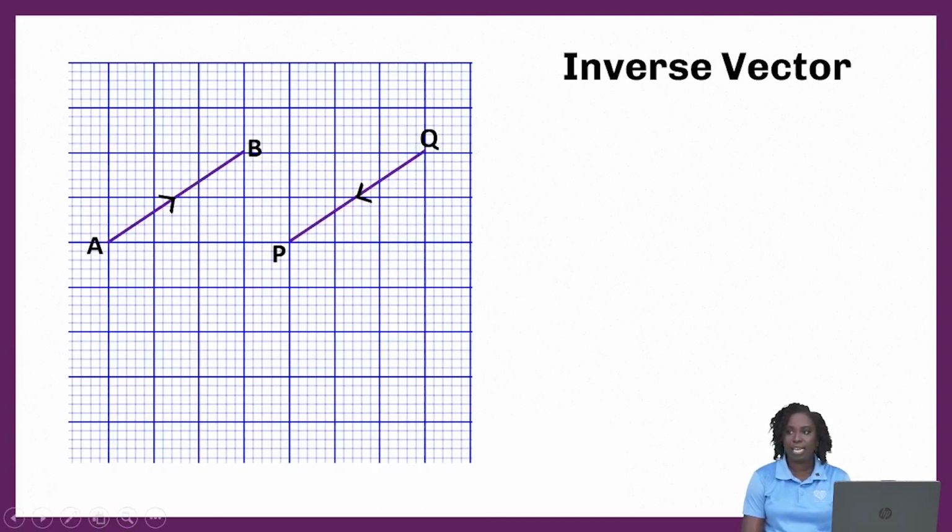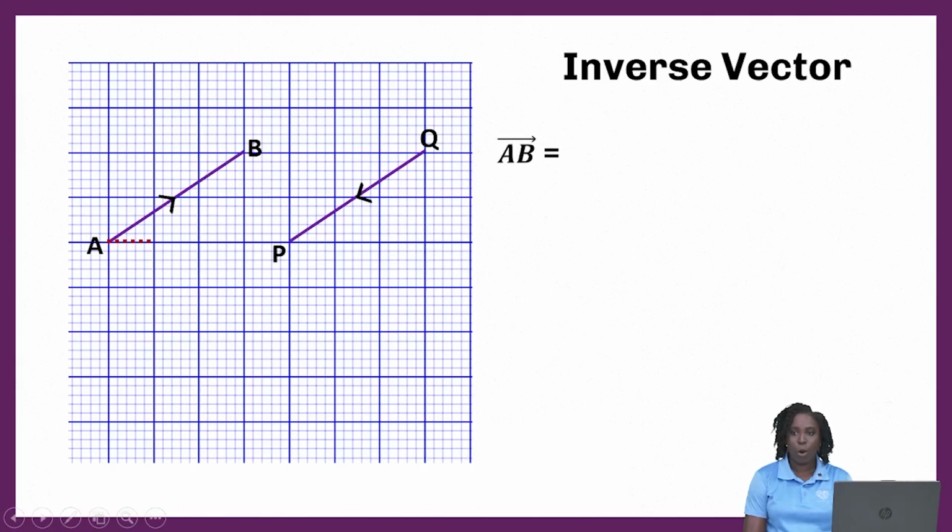Moving on to the inverse vector. Now, this is just another fancy way of saying going in the opposite direction. And so AB is going upwards, but if we look at the next vector, QP, QP is going downwards. Let's look at AB.